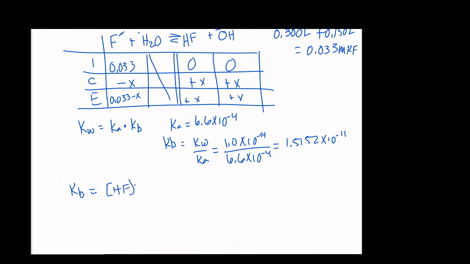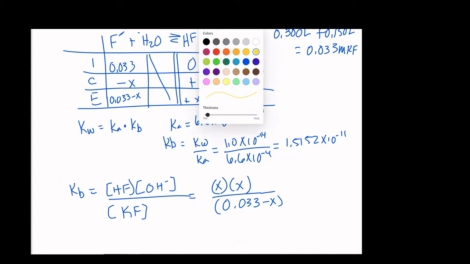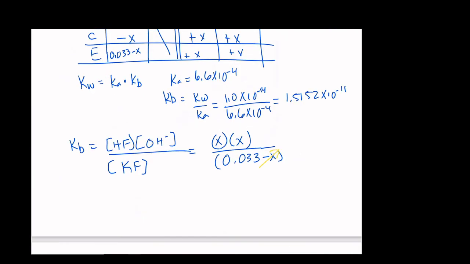HF times OH minus divided by F minus. All right, so that's going to be equal to X times X divided by 0.033 minus X. Now, if we assume X is small, we can make that assumption.